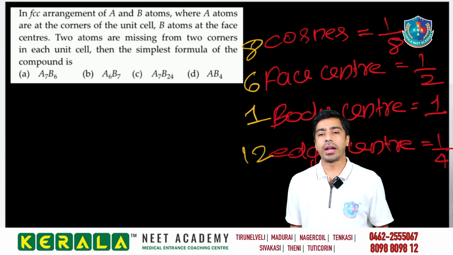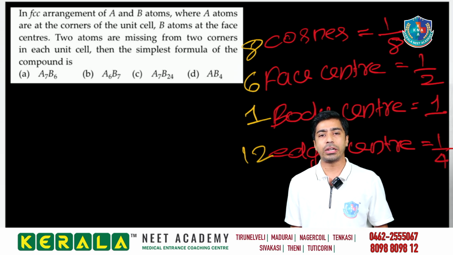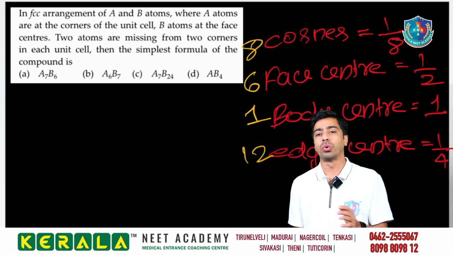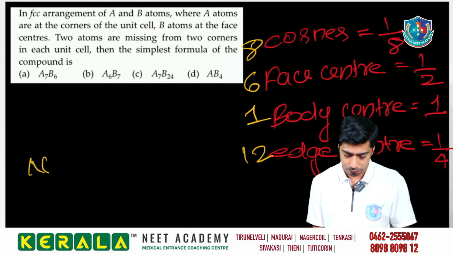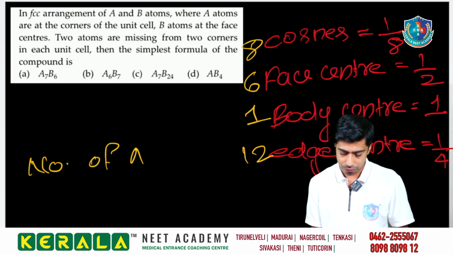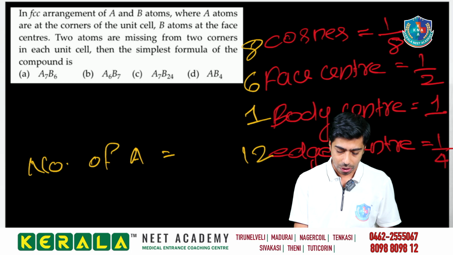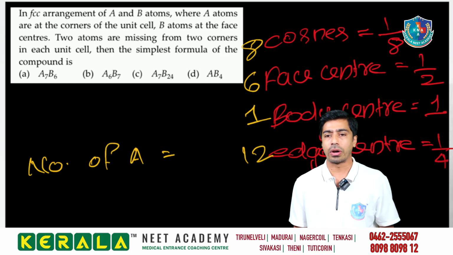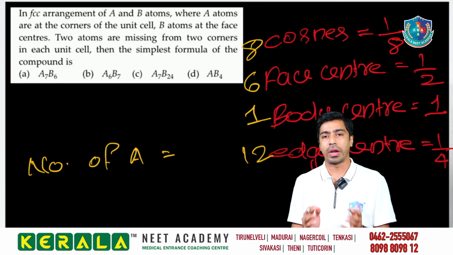Now here, the particle is having an FCC arrangement where A atoms are located at the corners of the unit cell. But it is mentioned that 2 atoms are missing from 2 corners. So we'll calculate the number of A atoms. You have a total of 8 corners, but out of those 8 corners, 2 atoms are missing, which means only 6 atoms will be present, occupying the corners.